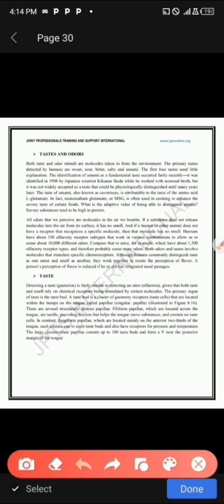The first 4 tastes need little explanation. They need 4 different explanations: the sweet, the sour, the bitter, and the salty.